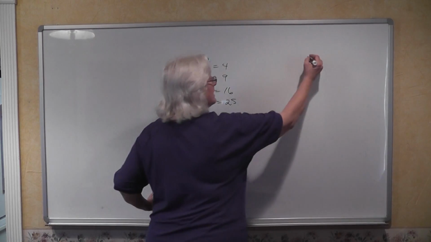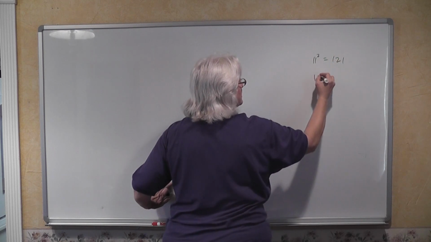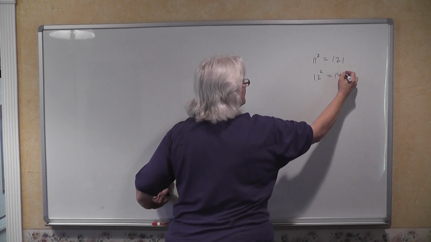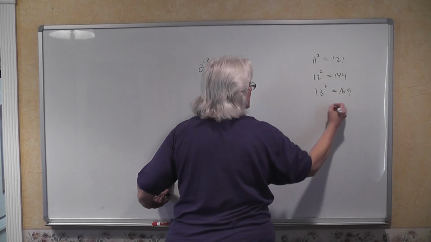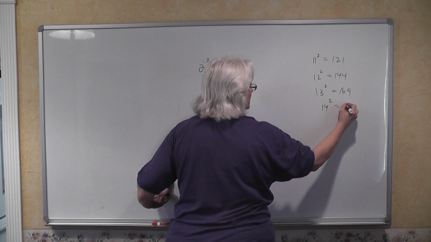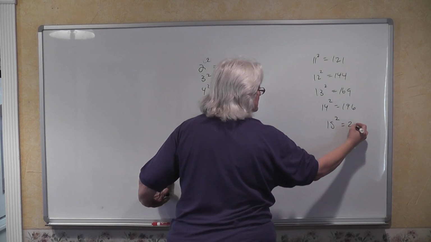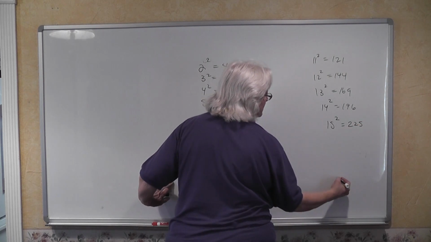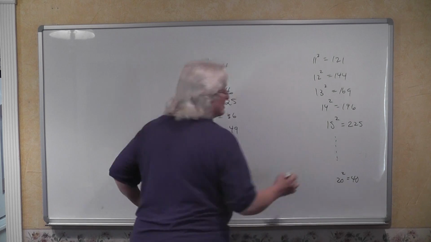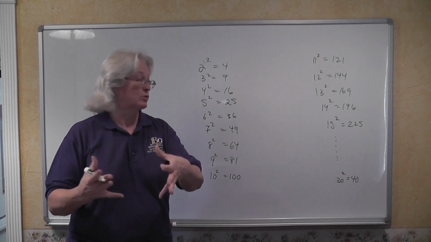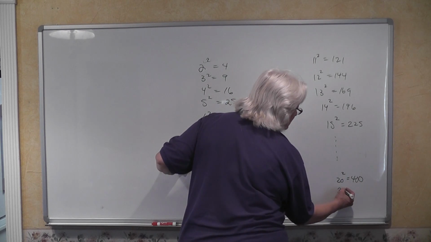Let's do some more. 11 times 11 is 121, 12 squared is 144, 13 squared is 169, 14 squared is 196, 15 squared is 225, 20 squared is 400, 25 squared is 625.